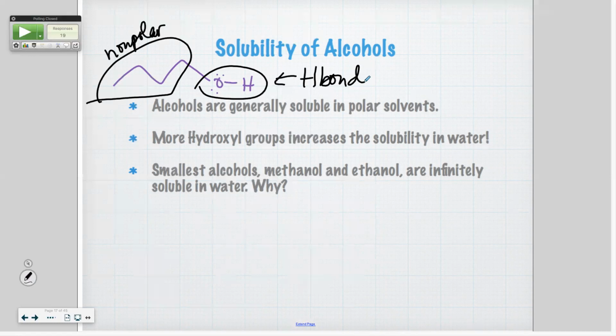So a compound like this is very soluble in water because it has 2 OHs on it. The smallest alcohols, methanol and ethanol, are infinitely soluble in water. That means they can be mixed in all proportions.